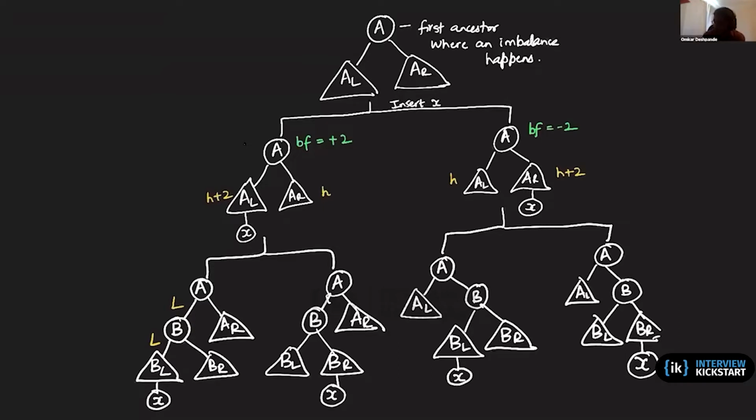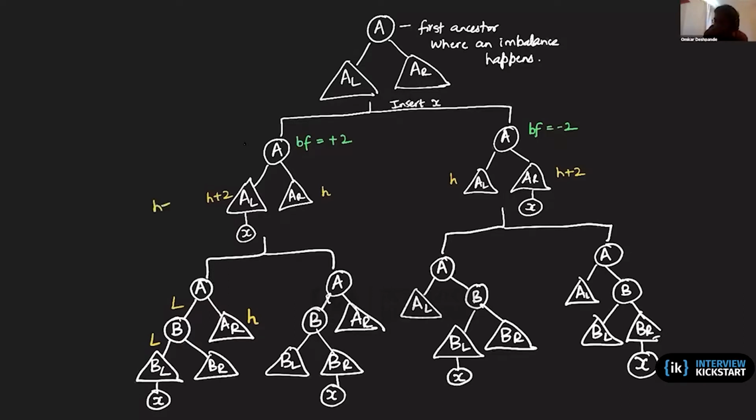So, firstly, let's write down the heights. The height of A sub R is H. B itself is a single node. We said the height of A sub L has become H plus 2 after X was added.